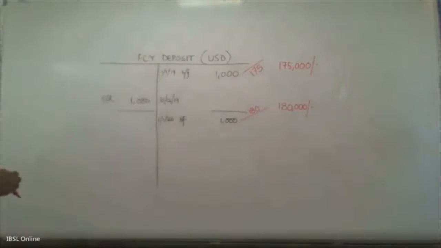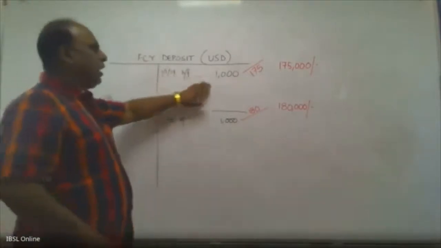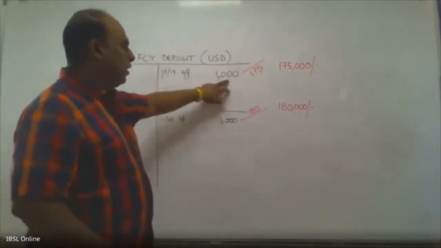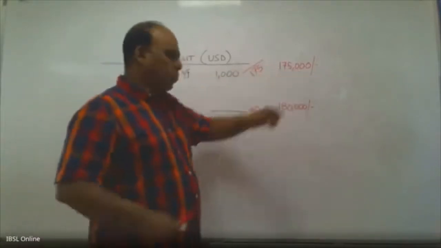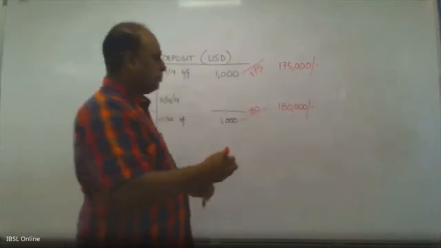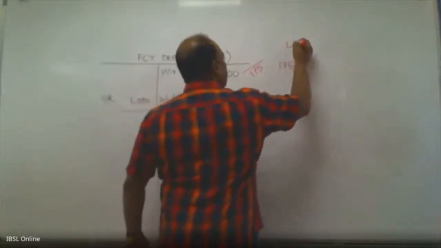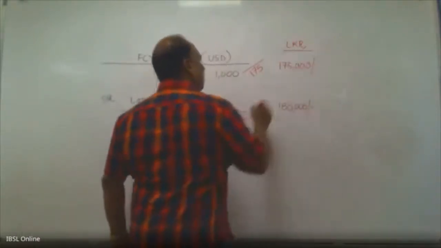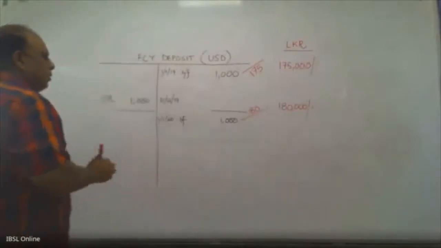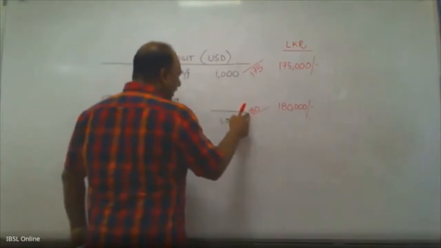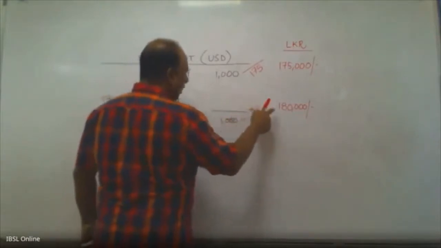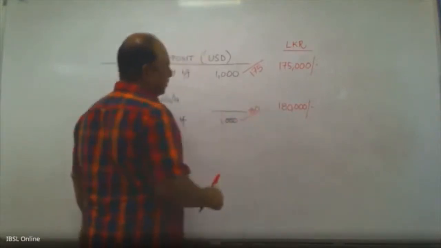So at the beginning of the year, I had $1,000. The rate was 175, and the rupee equivalent was 175,000. But when it came to December 2019, it went up to 180, so my rupee equivalent is 180,000.